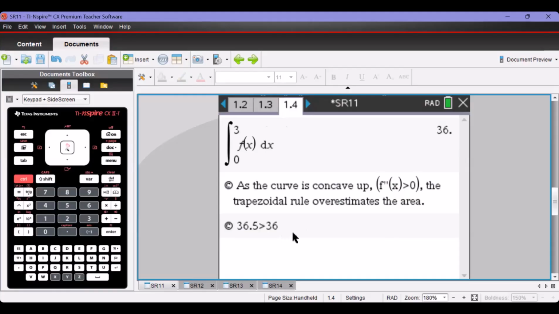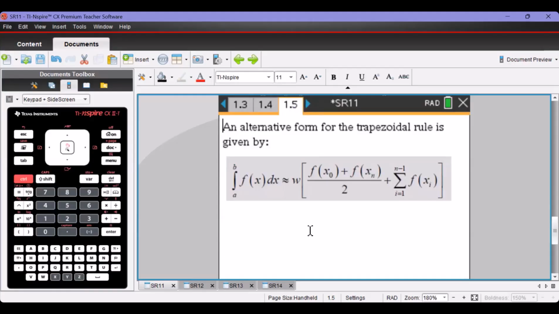Now, I wouldn't advise you to do this in the exam per se, but it's nice to be aware that there is an alternative form for the trapezoidal rule. And so the definite integral of f of x dx from x equals a to x equals b is approximately equal to w, which is the width of the strip, multiplied by f of x naught, which in our instance would be f of a, plus f of xn, which is f of b, all divided by 2.